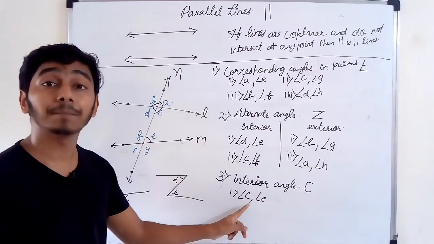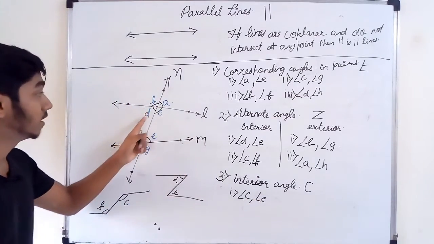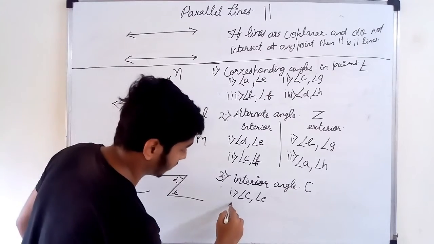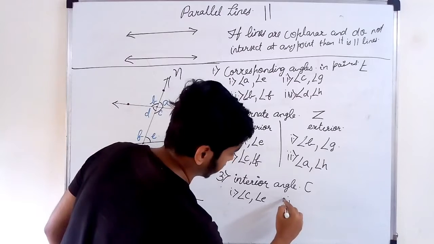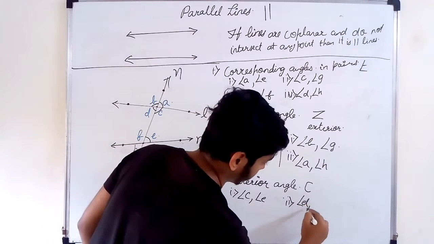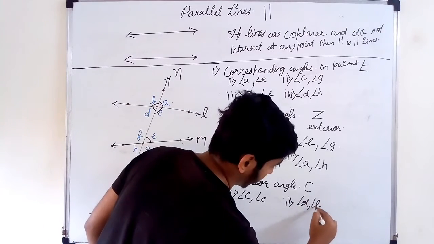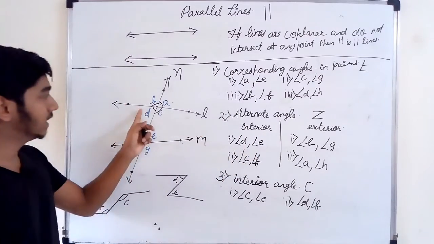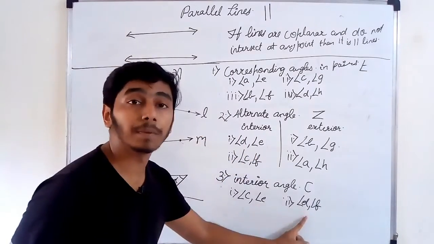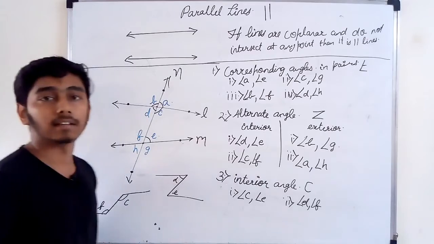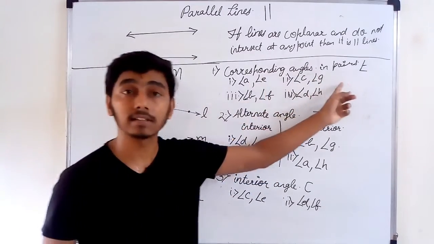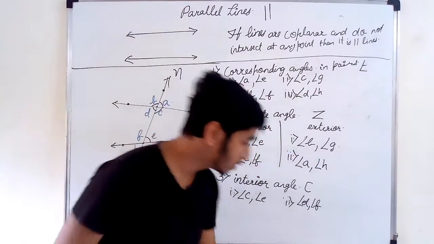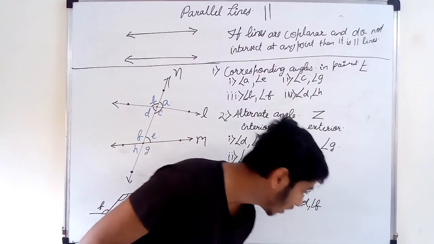Then D and F. Angle D and angle F form another pair of interior angles. So I hope you have understood pairs of corresponding angles. Nothing else is left out.